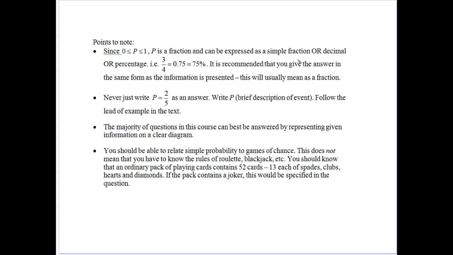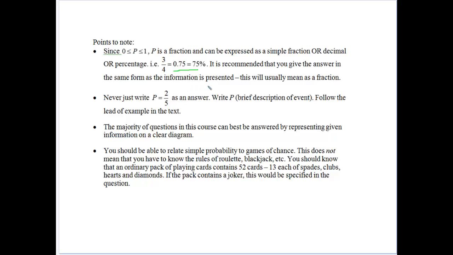We write our probability as a fraction, or you could write it as a decimal or a percentage. Either way, it doesn't matter as long as it is correct. But what we try to recommend is, if the information is presented as a fraction, write your answer as a fraction. If it's decimal, put it as a decimal, or percentage, put it as a percentage. Not that big a deal though.